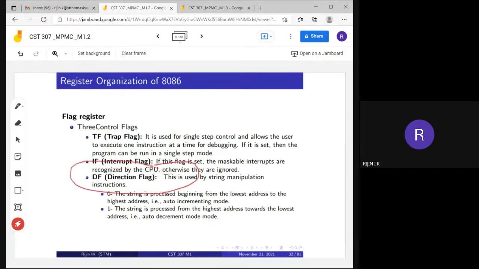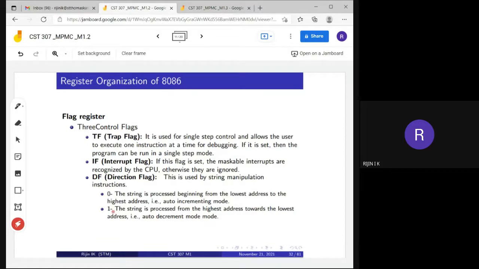The direction flag is mainly used for string manipulation instructions. Here, zero means the string is processed beginning from the lowest address to the highest address, that is, in increment mode.